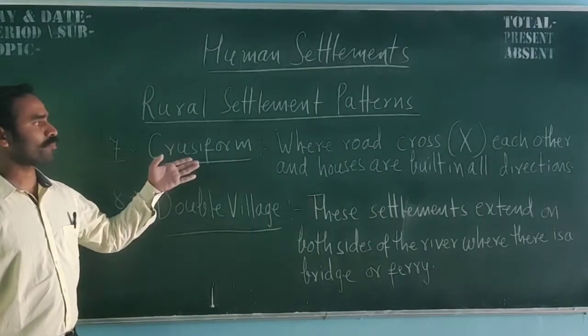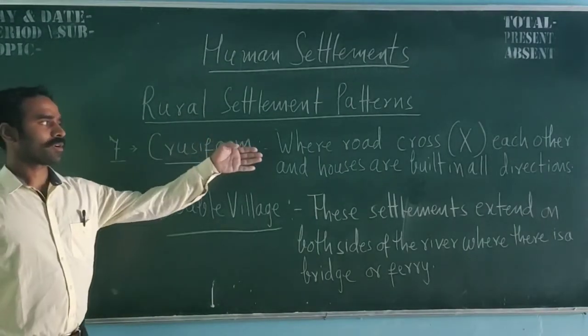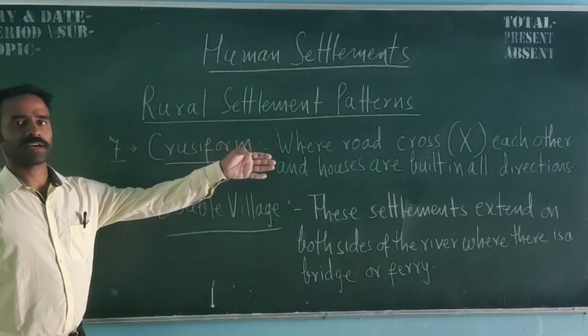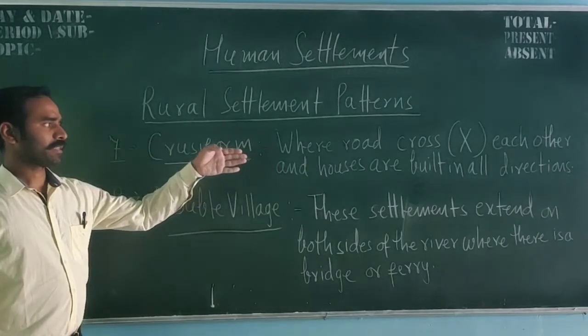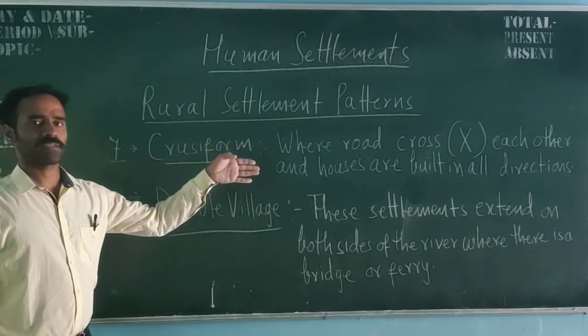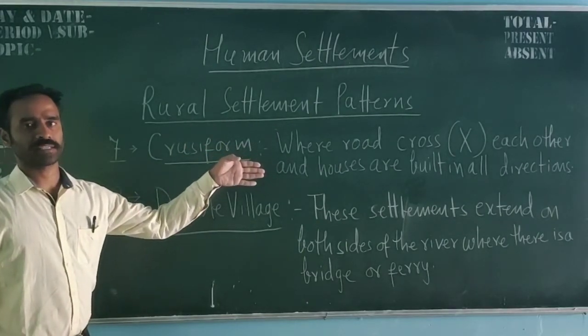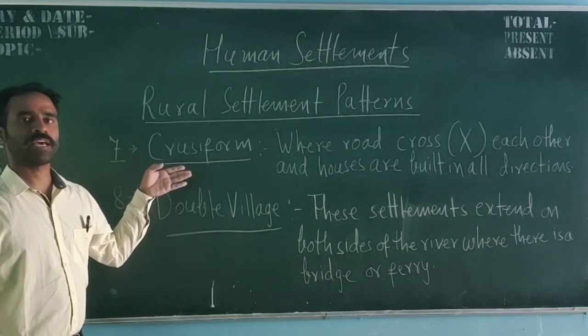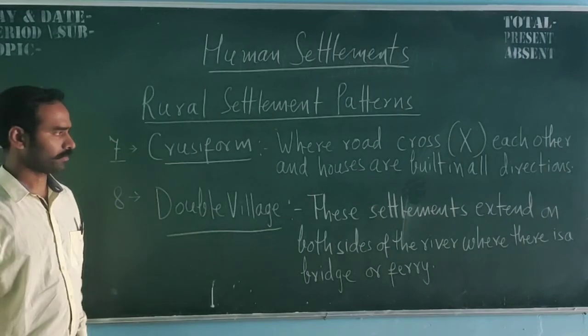A cruciform pattern, where roads cross each other like an X, and the houses are built in all four directions. That is called a cruciform pattern or X-shaped pattern.